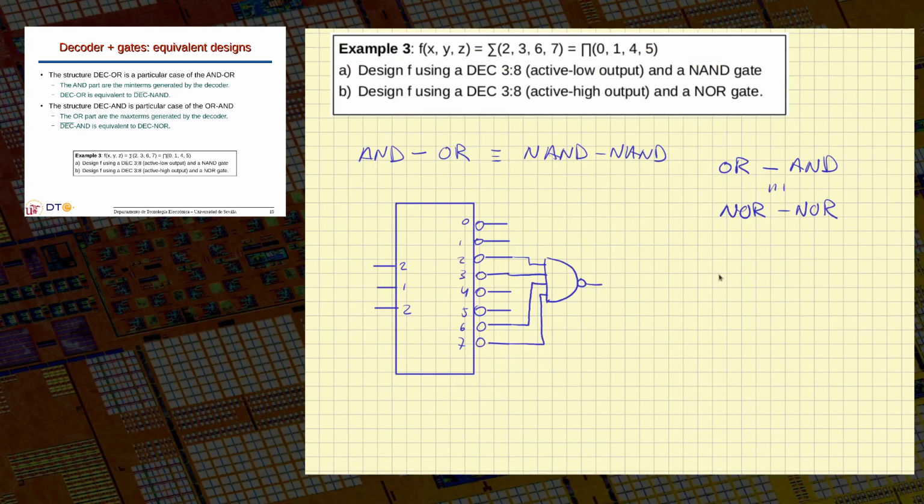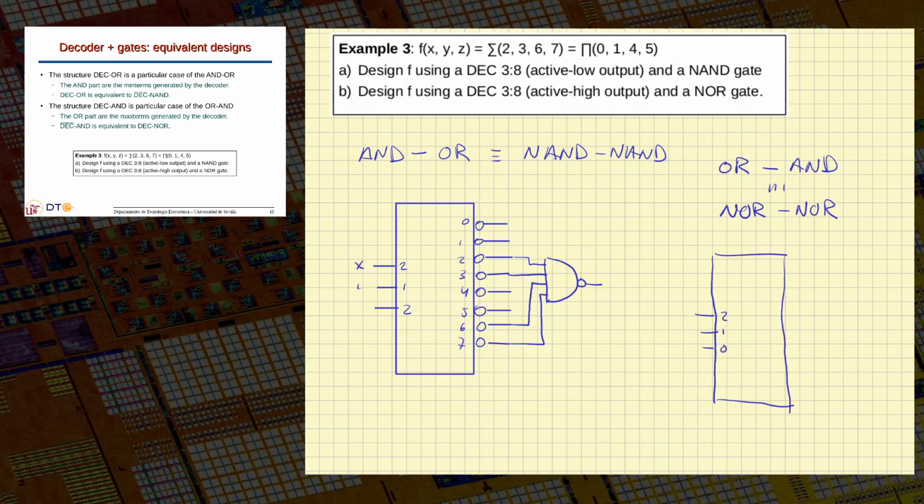I'll try the drawing in a different way. Oh, it's not as easy as I thought. Okay. So we have inputs 2, 1, 0.